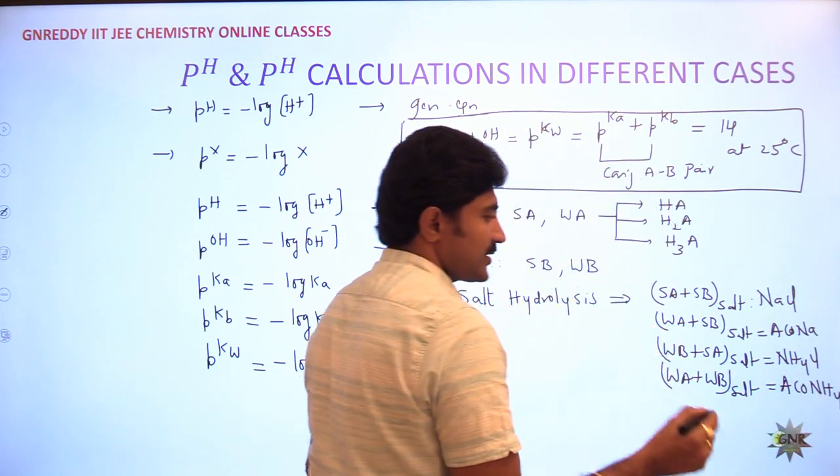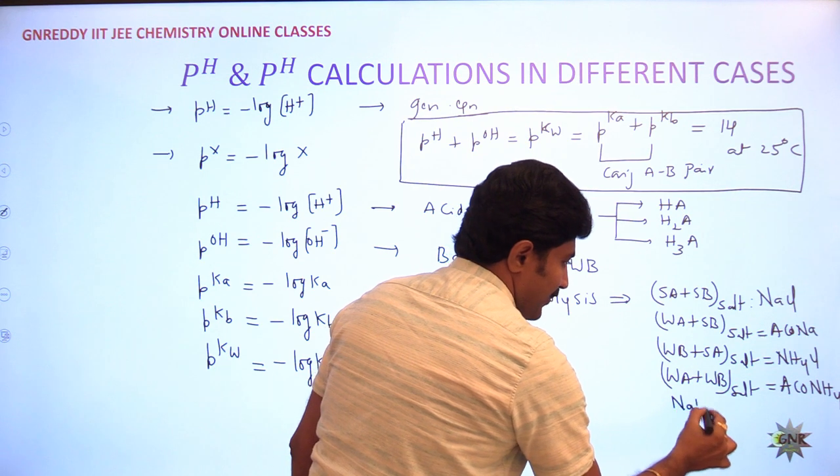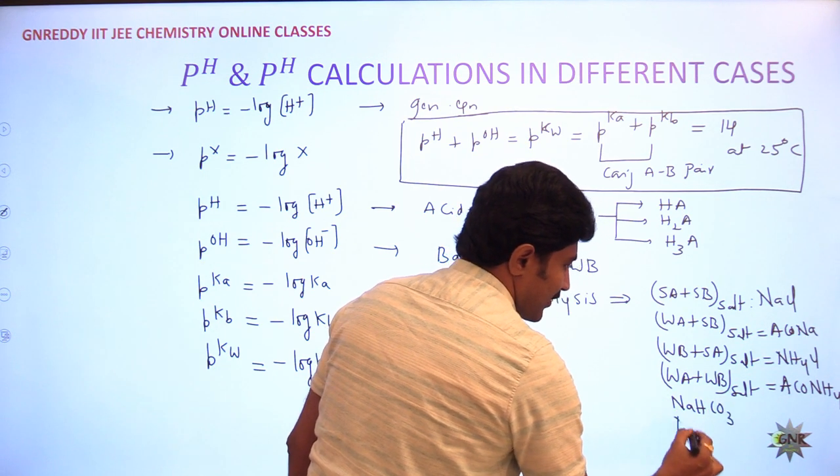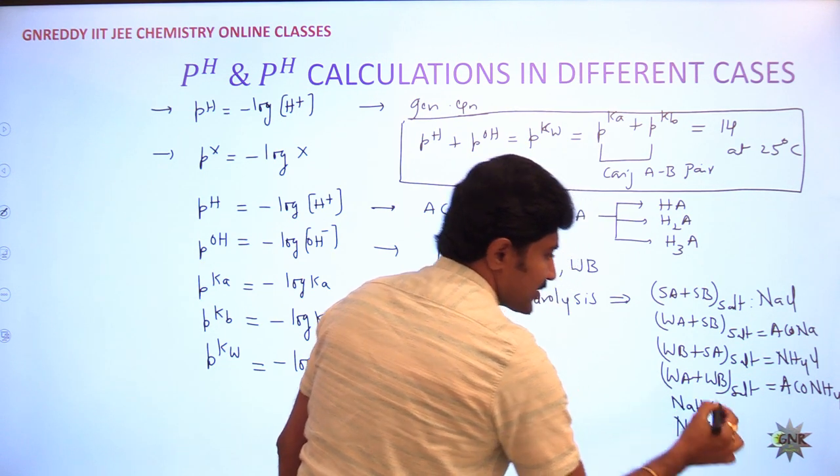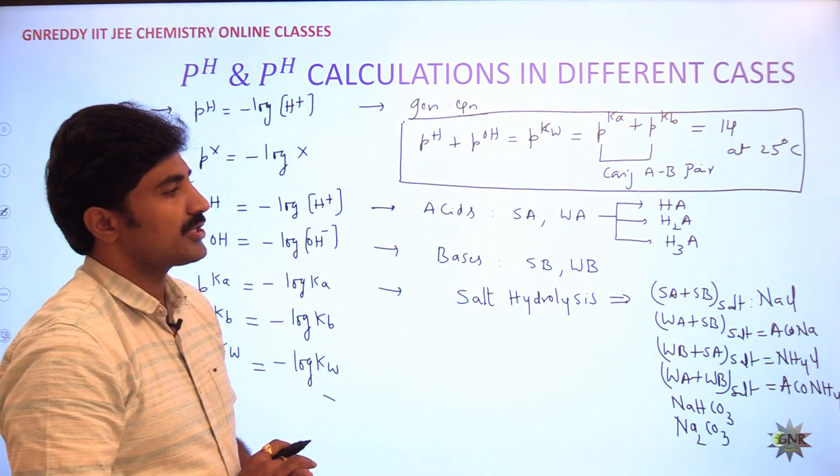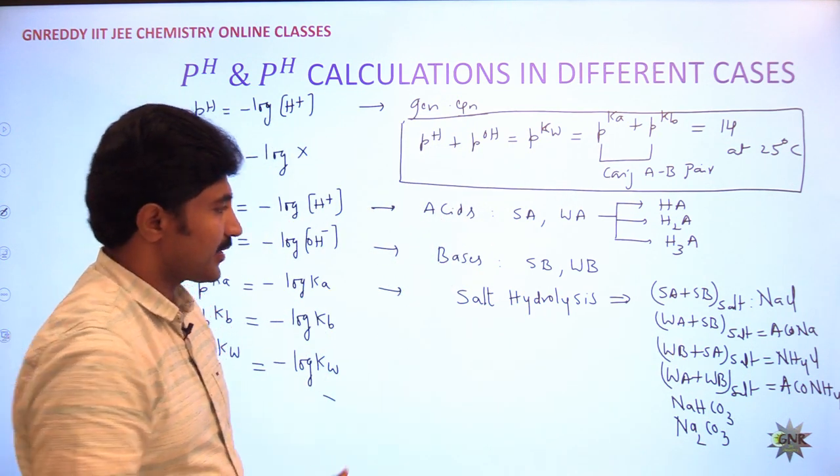And apart from these we have to see sodium bicarbonate type and sodium carbonate type. These are the important salts which are used in pH titrations.